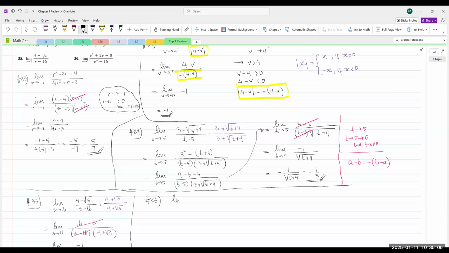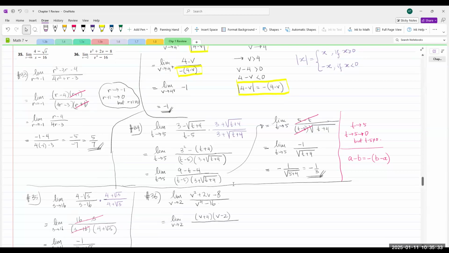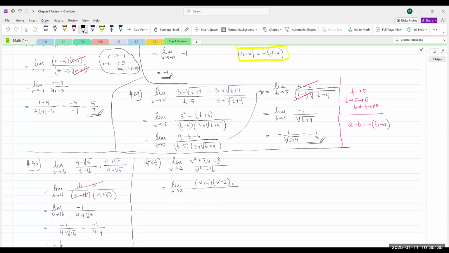Number 36, limit of phi approaching 2 of phi squared plus 2 phi minus 8 over phi to the 4th minus 16. Now 2 is not in the domain, so I try to factor. The numerator, I get phi plus 4 times phi minus 2. On the denominator, that's difference of squares.